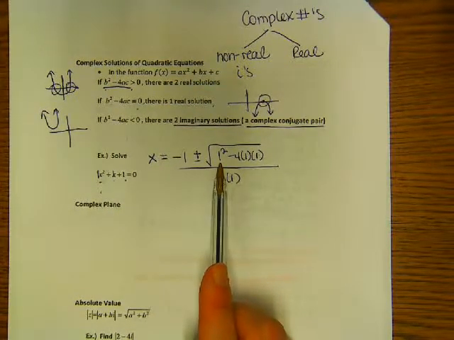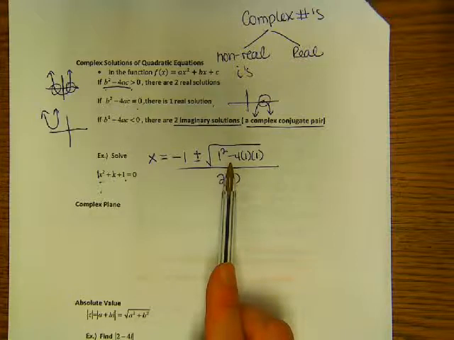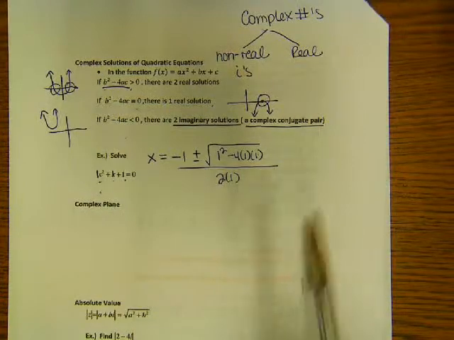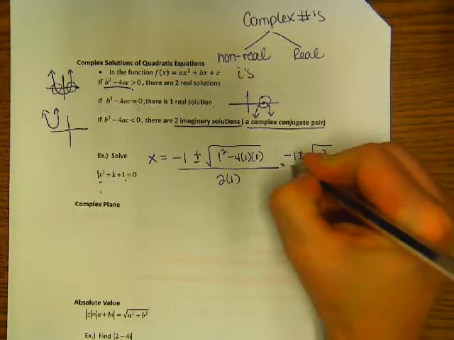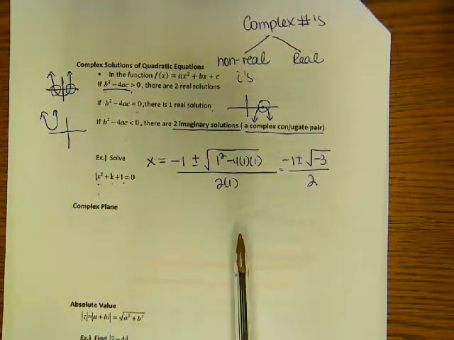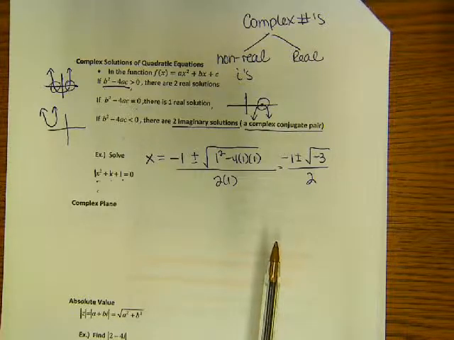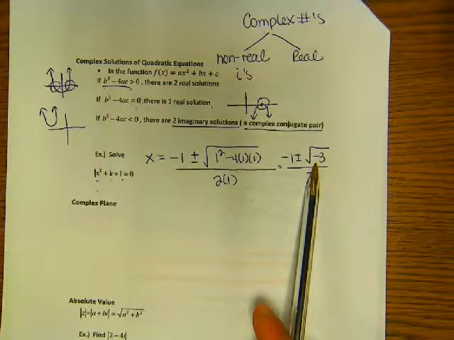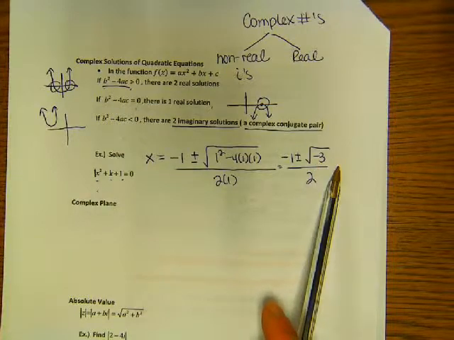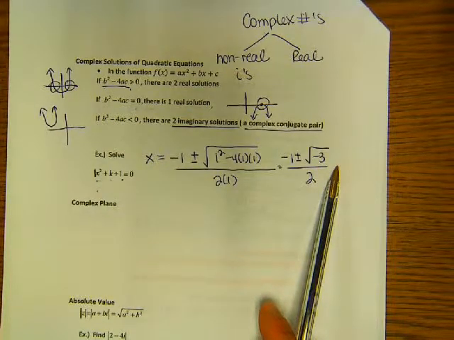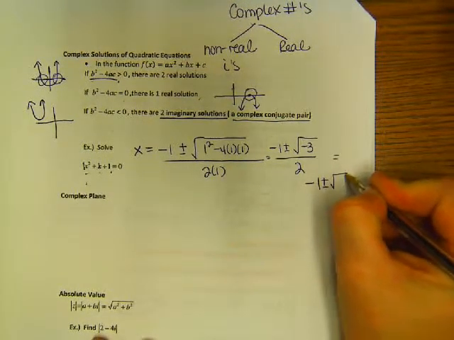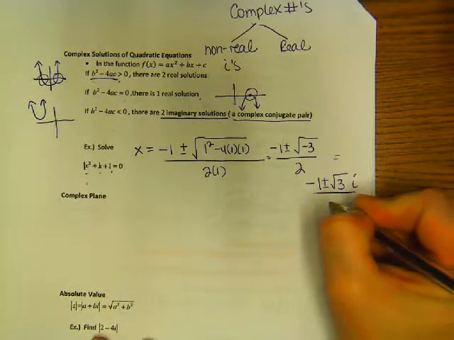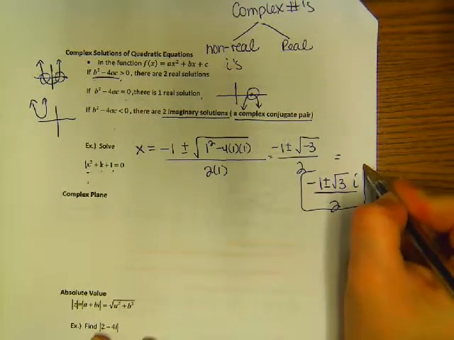What's 1 squared minus 4? -3, correct? So I have -1 plus or minus the square root of -3 over 2. Now, this is not real. The way that I'm going to write that is I am going to make this root 3i. I can take out the square root of -1, can't I? These would be my two solutions.